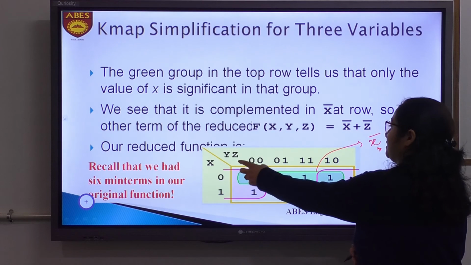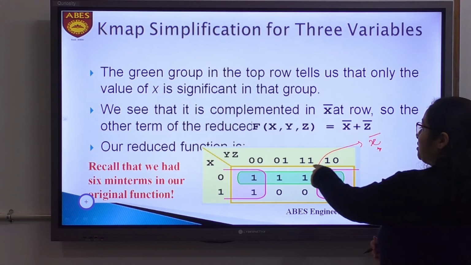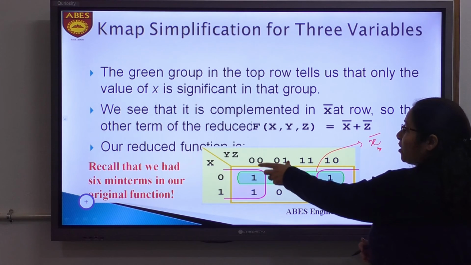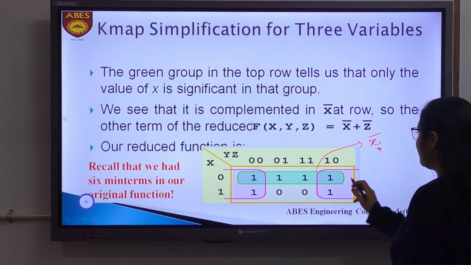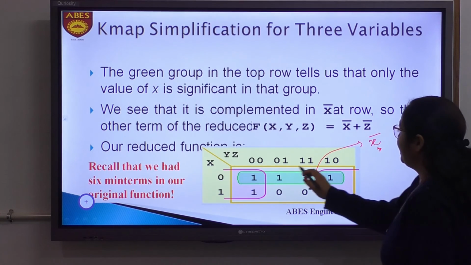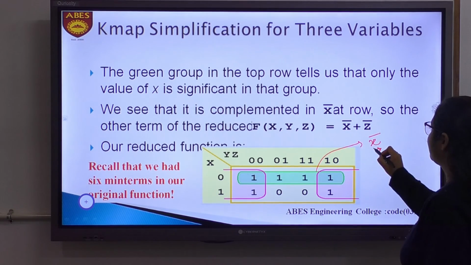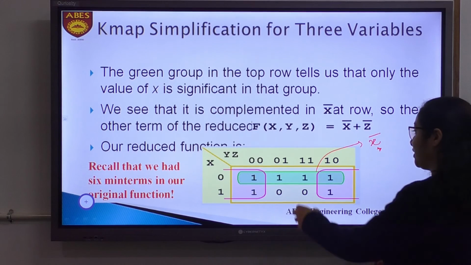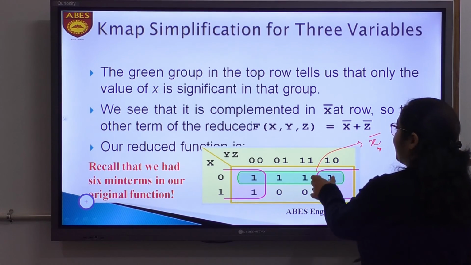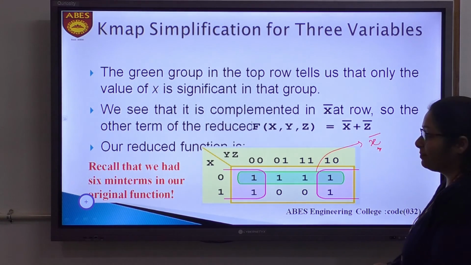But here we can see that yz values are changing in every minterm, so we cannot take the yz variables. So this green area is named as only x bar. So you can see that these 4 minterms get reduced to only a single term.